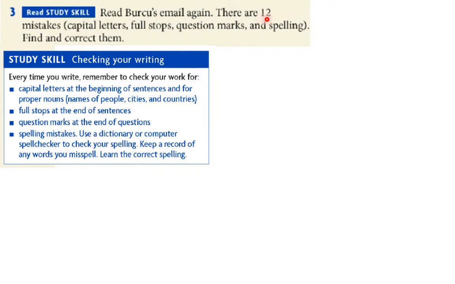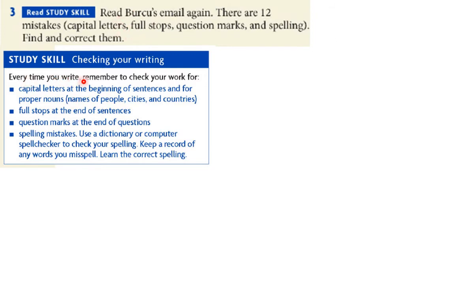These 12 mistakes can be categorized or grouped into 4 types of mistakes. These types of mistakes are using capital letters, using full stops, using question marks, and spelling of the words. In this exercise, we should find them and then correct them. Let's read the study skill before solving this exercise.